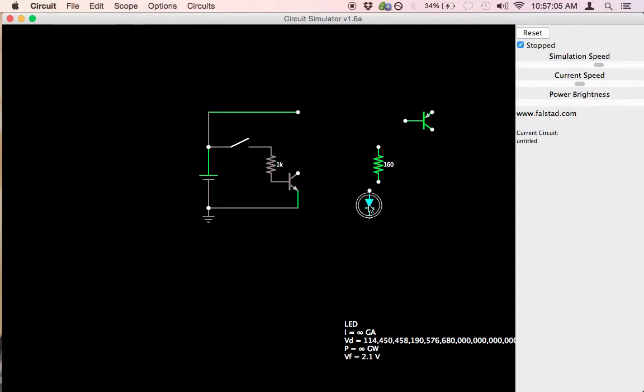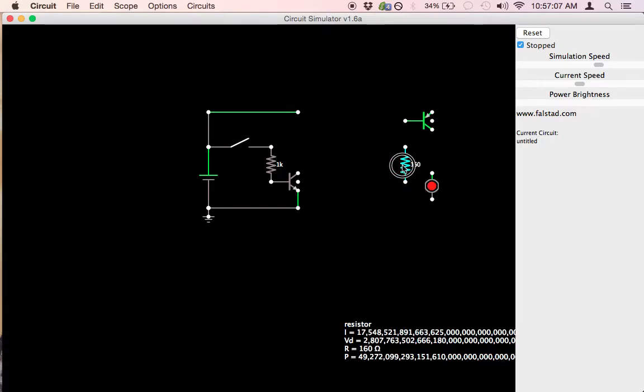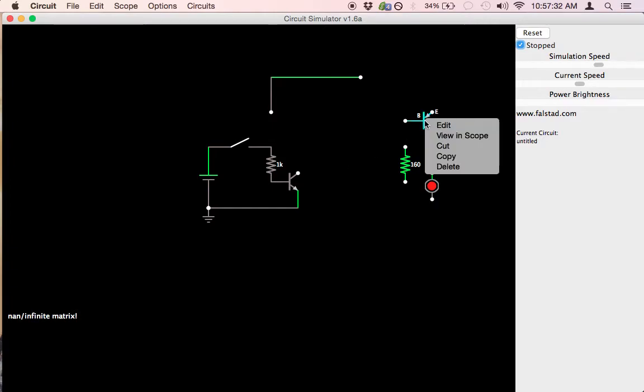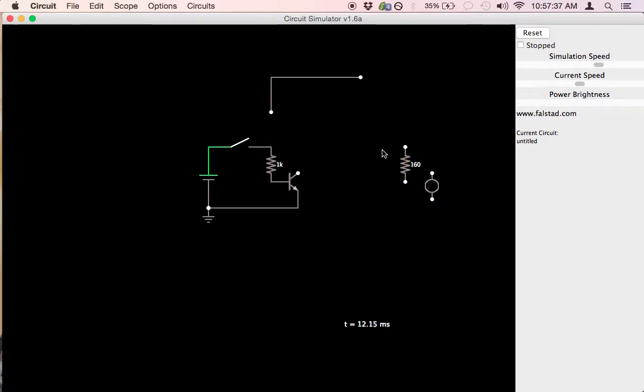We're going to put the LED aside for the moment. So here's our little circuit. Something is not quite right here. I'm getting an error, infinite matrix. Don't really see anything wrong, but it could have something to do with this other transistor being out here. Okay.